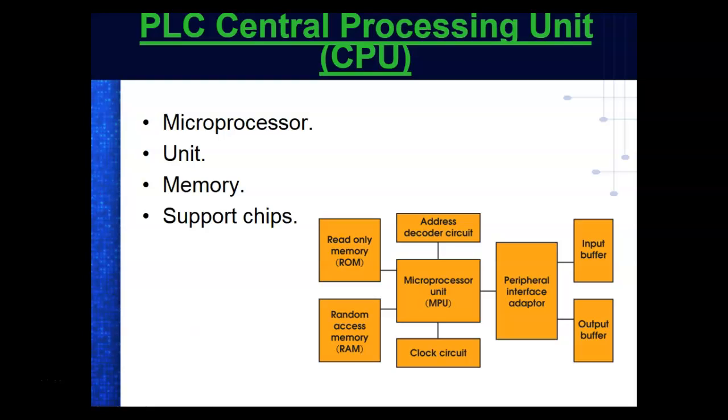So PLC, central processing unit, of course, a microprocessor is usually a microprocessor. When I first worked, the first computers I ever worked on was what we called a desktop. It wasn't a desktop. It was a mini computer.